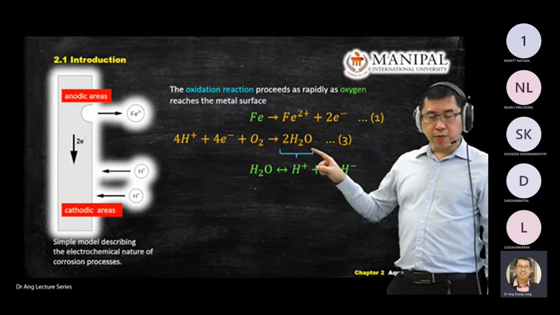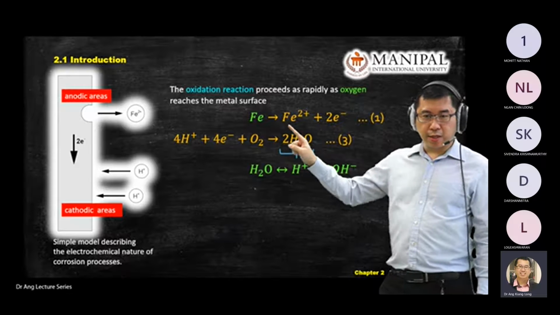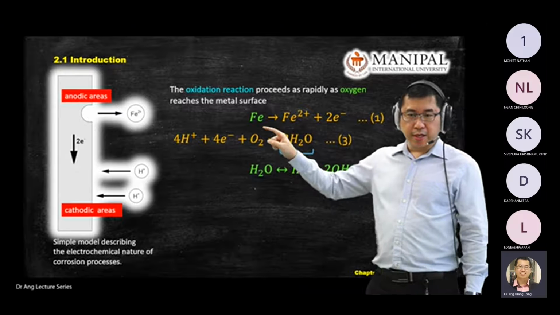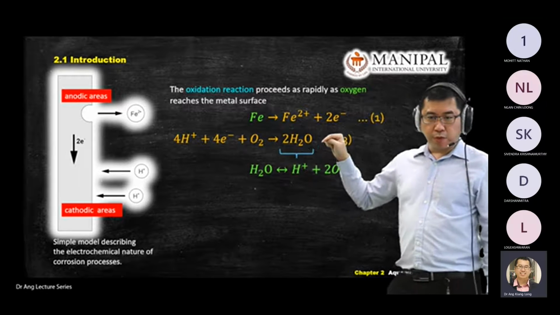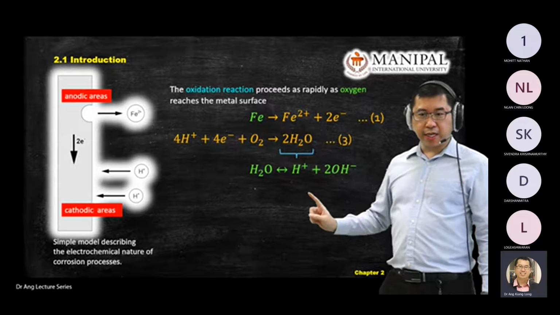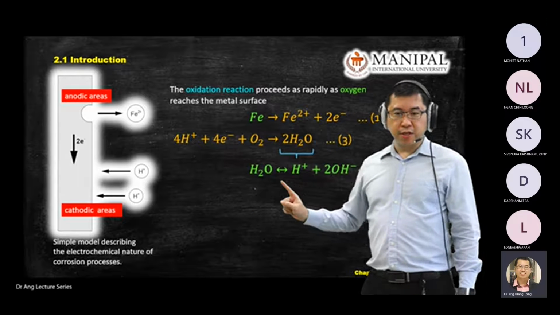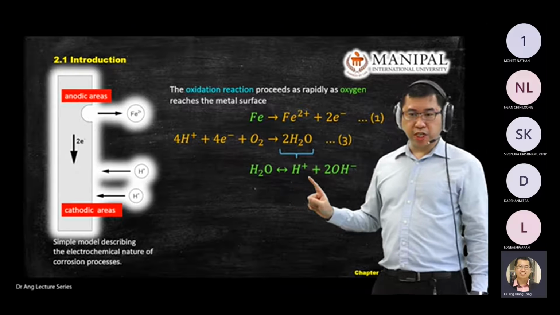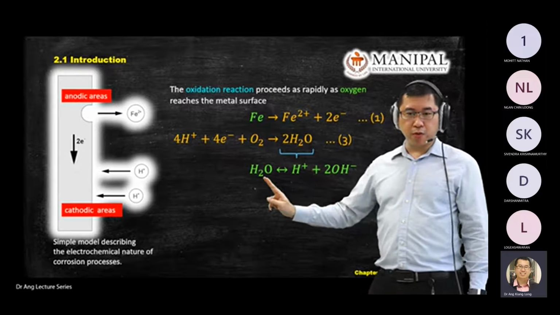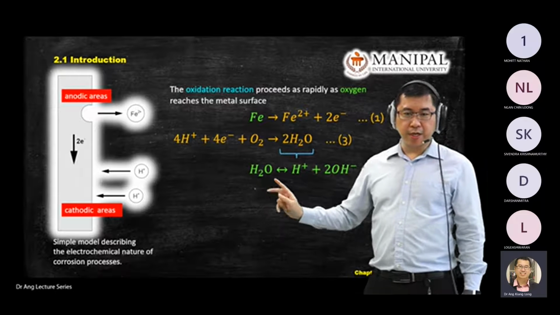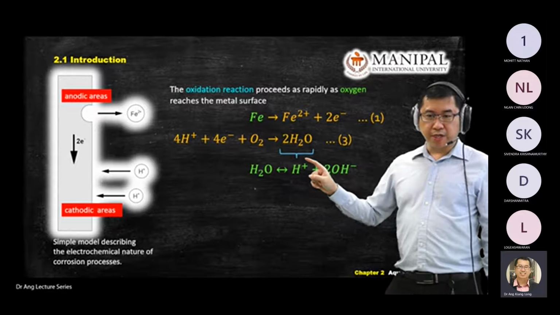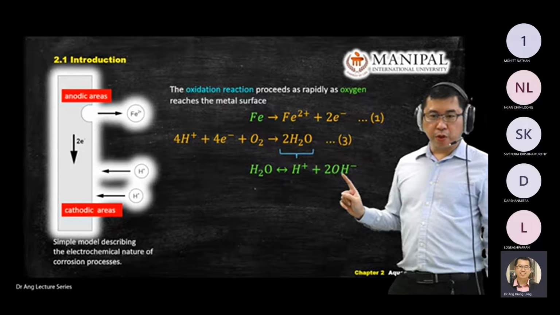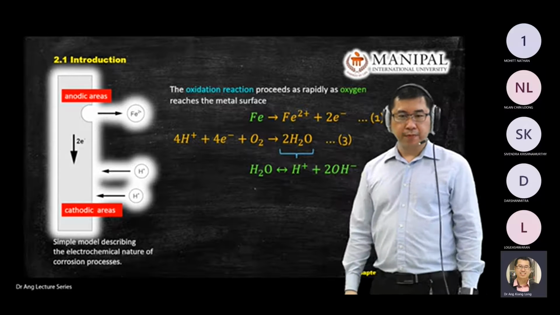Okay, so just take note that although for depolarization the equation gives you water, you have to know that this water actually keeps changing phases from molecule to charges. And if you break water, that you learned in chemistry, you will get hydrogen positive charge and OH negative charge. All right.